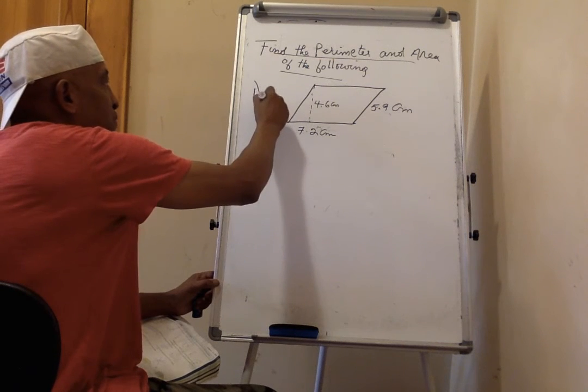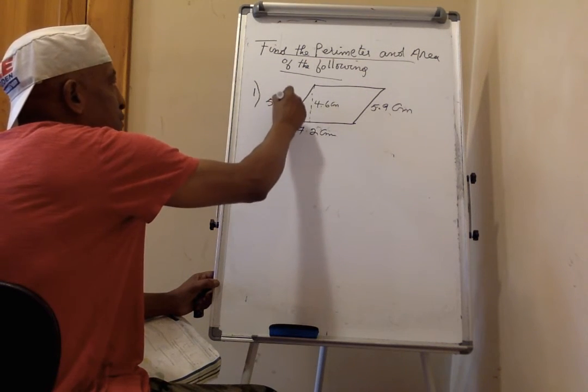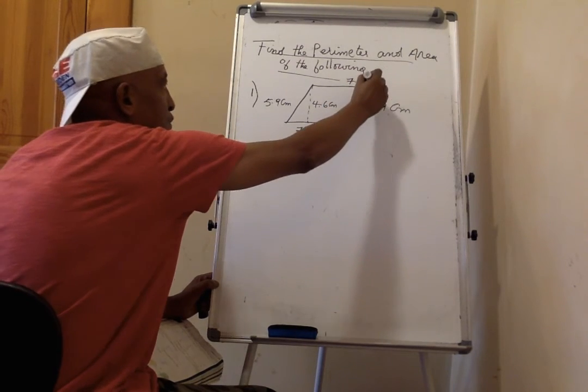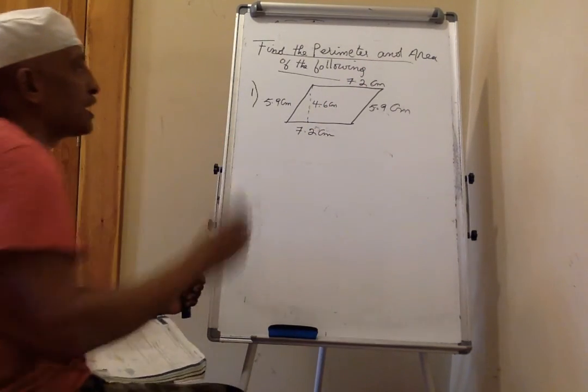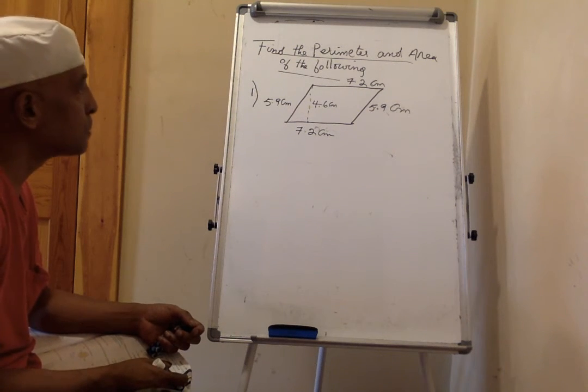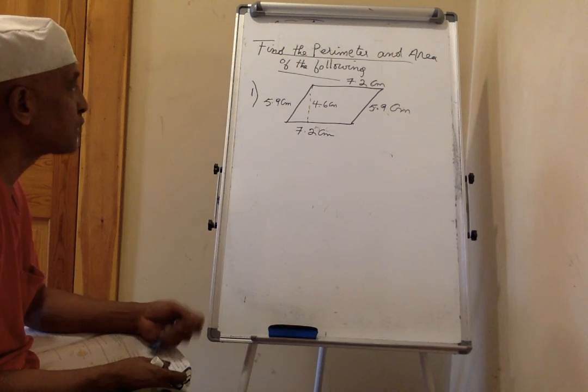This is also 5.9 centimeters, and this one is 7.2 centimeters. So find the perimeter and the area. Okay, 7.2, 7.2, 5.9, 5.9.